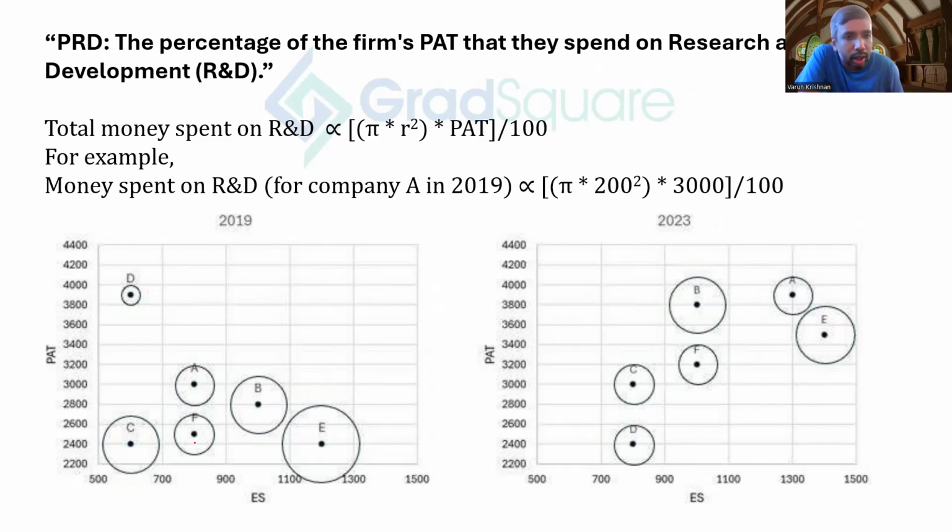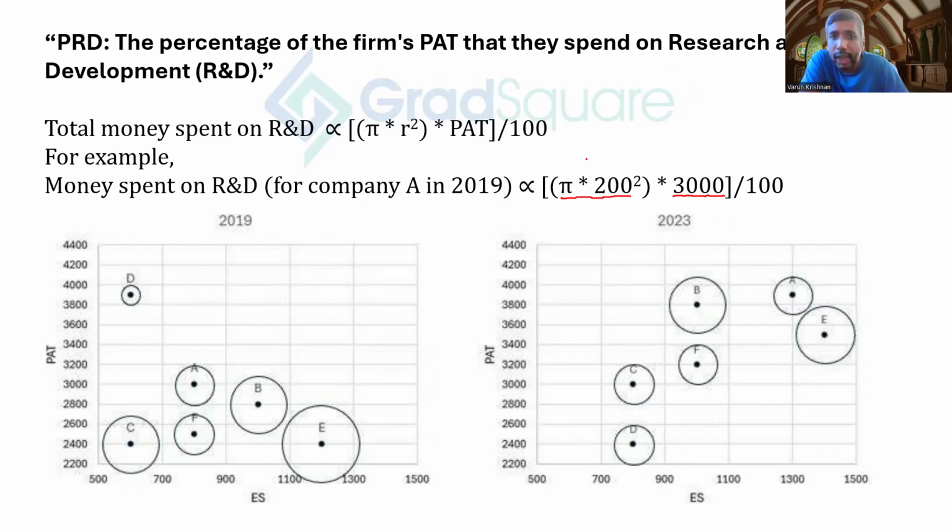So the PAT for company A in 2019 is 3000 and the area of the circle is pi r square, pi into 200 square. So pi into 200 square by 100 into 3000, that is the percentage of the PAT that is being spent on R&D, and that is proportional to it.